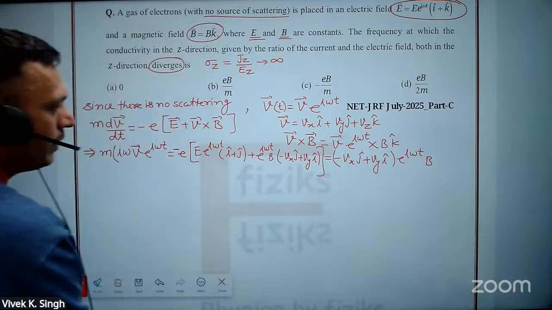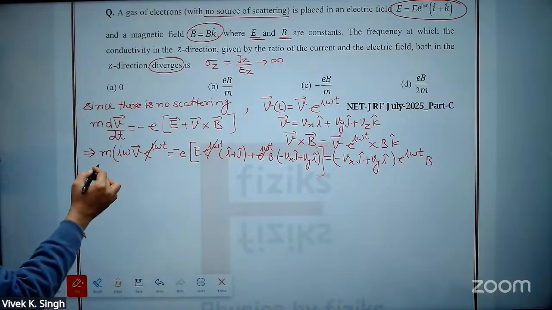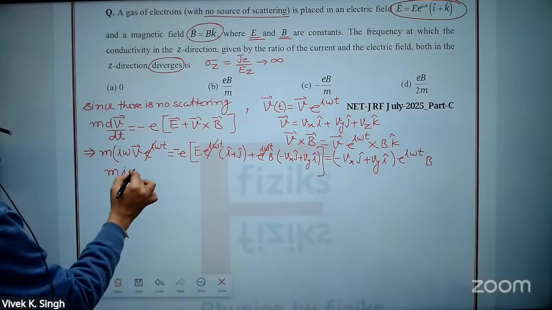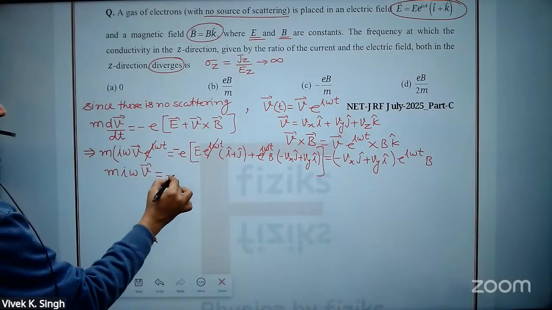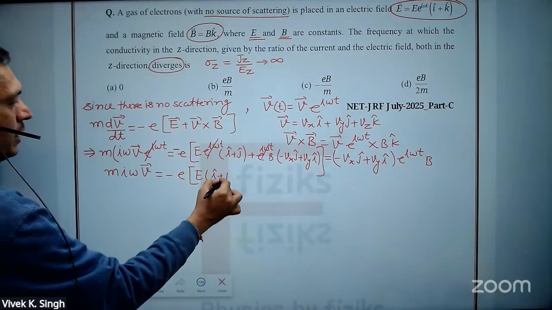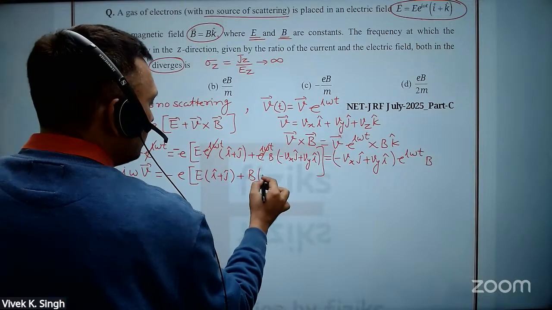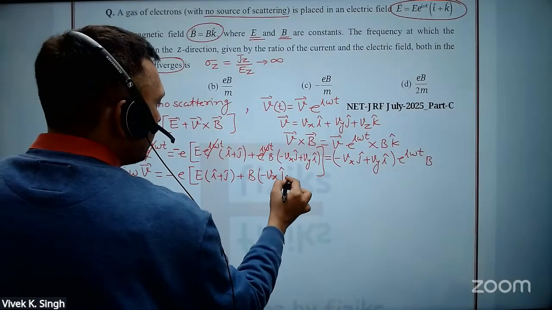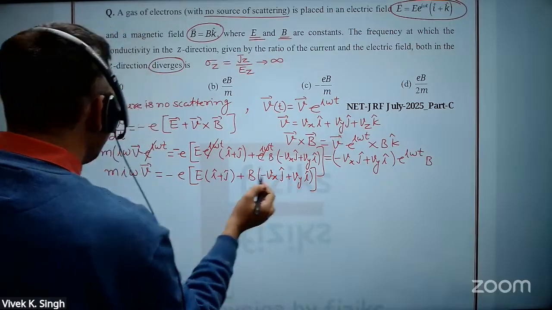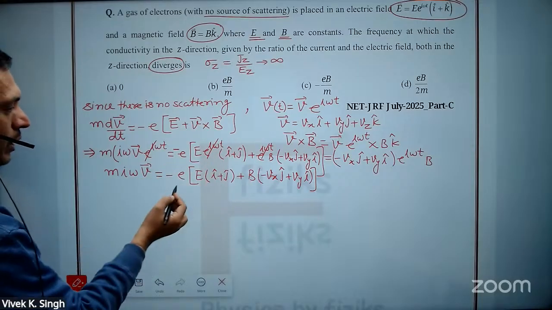Now the exponential will cancel out and you will get m iota omega V equals minus E i cap plus k cap, and then plus B times minus Vx j cap plus Vy i cap. Because we are interested in the Z component only, if you equate the Z cap component, what will you get?